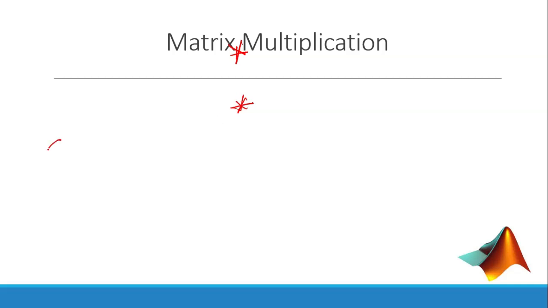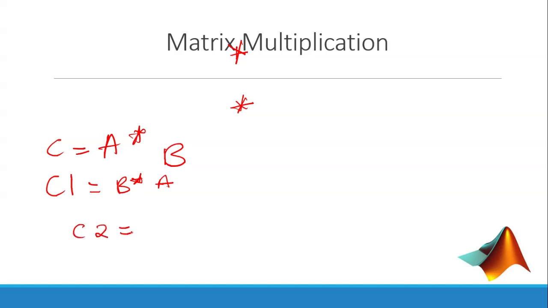If I type C is equal to A star B, it will multiply A by B. If I say C1 is equal to B star A, it is going to multiply B by A. I can also say C2 is equal to 7 multiplied by A, multiplying by a scalar, and it is going to return an answer.